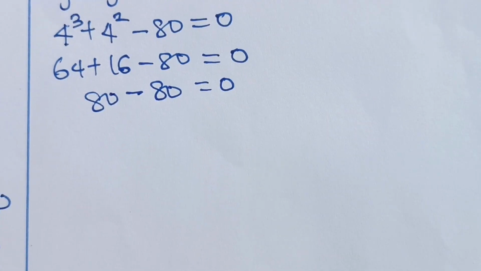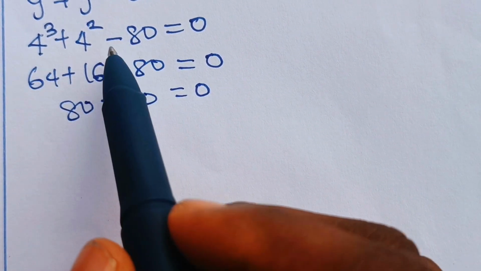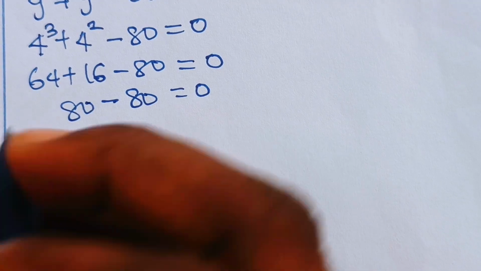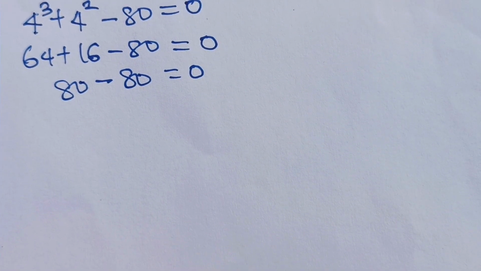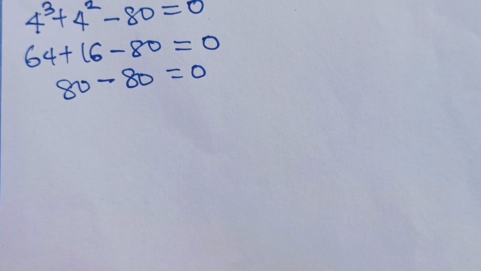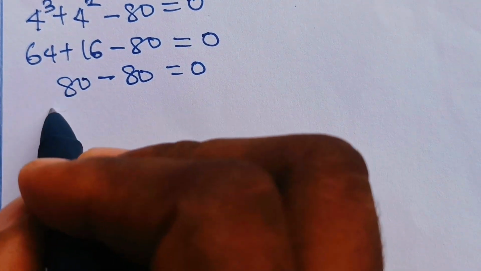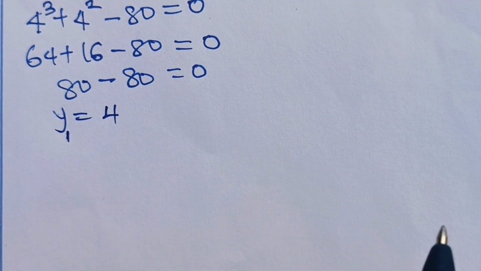So you can see that yes, 4 is a value of y. So this simply means that we can write that y is equal to 4. So this becomes the first value of our y, right?